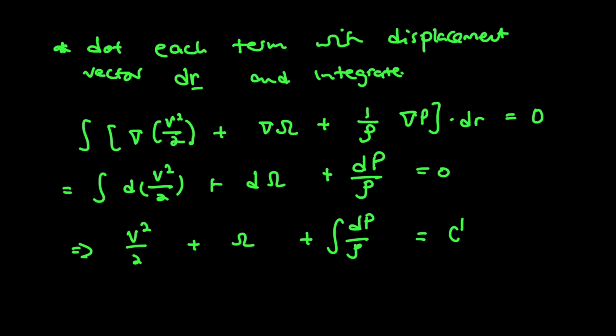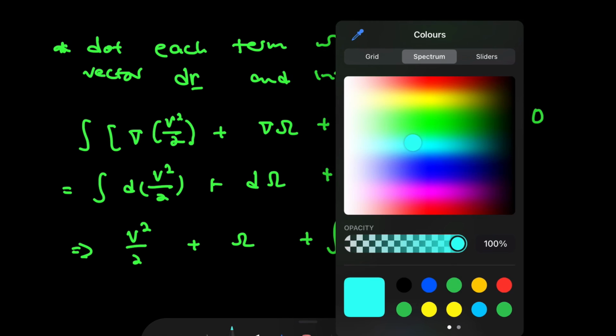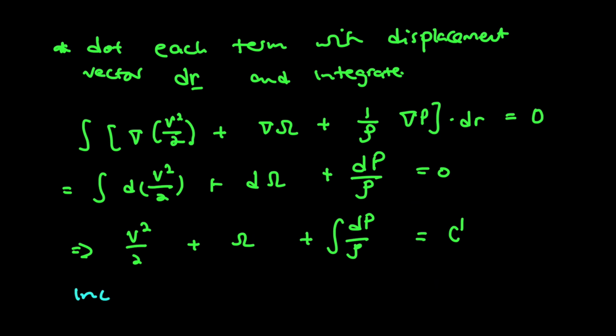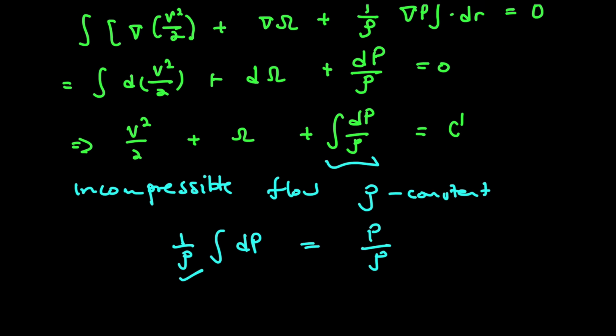At this point, guys, remember that we assumed this is an ideal flow. So for an incompressible flow, the density is constant. Because of that, this part of the equation, 1 over the density and then dp, we're going to get p over the density, because this is constant, obviously plus the integration constant.